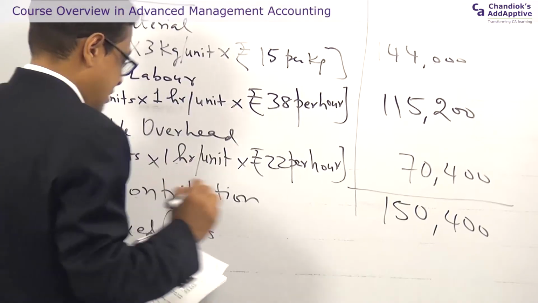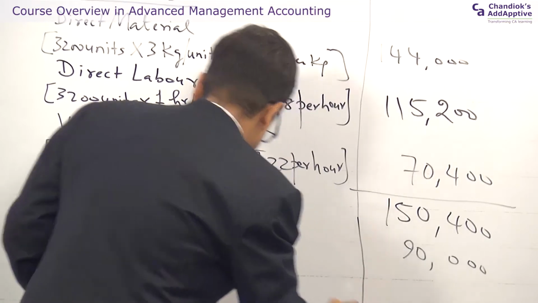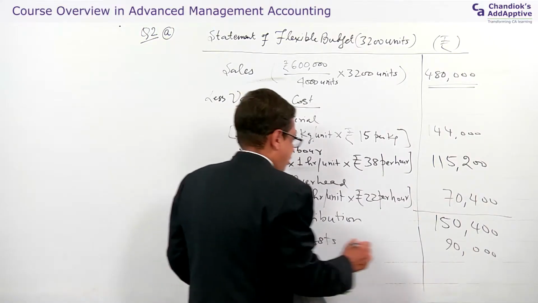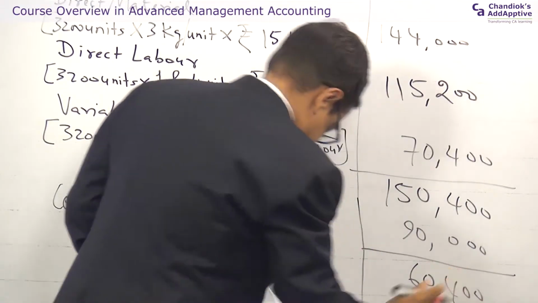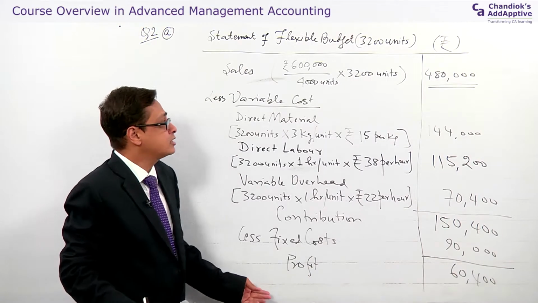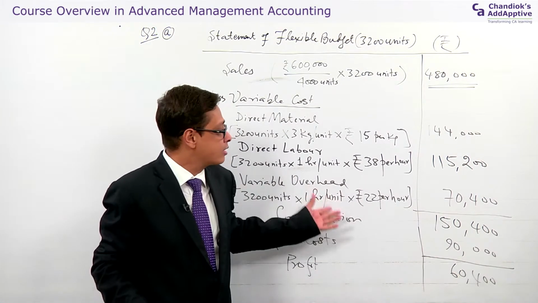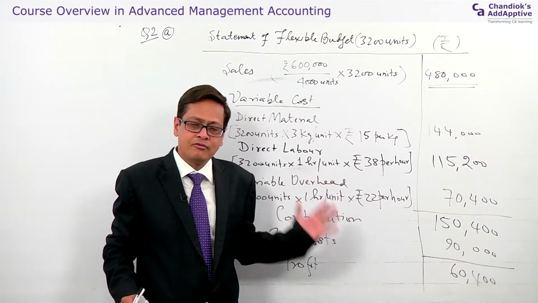The fixed cost is 90,000. So what is the profit? The profit is 60,400. So this is the first part of the solution worth 4 marks. So you are required to present in the exam like this. So we have solved the first part.